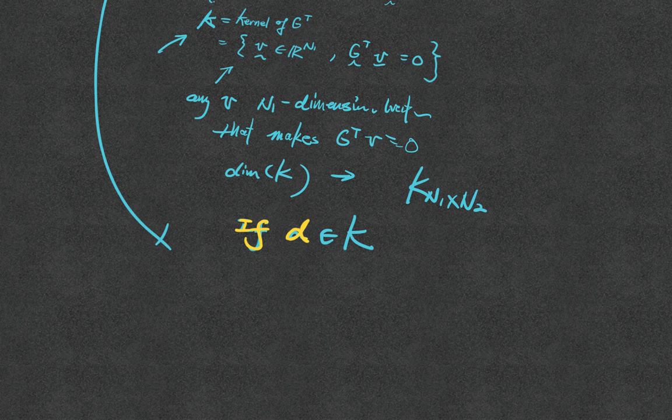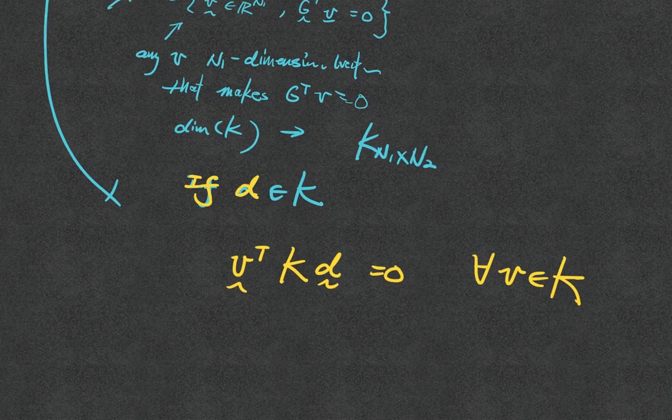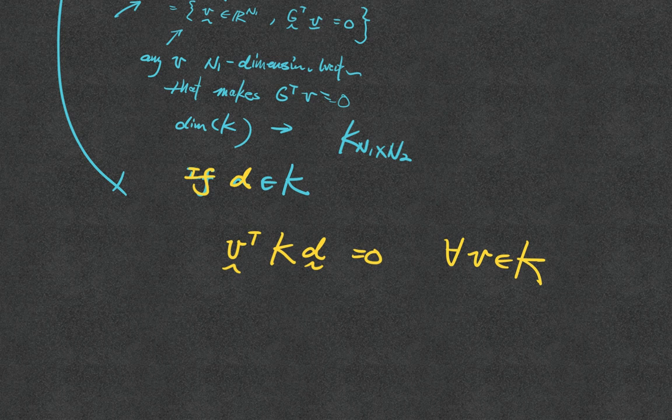But what do we want? For all V that are also in the kernel, so every vector in the kernel space, and D is also in the kernel space.